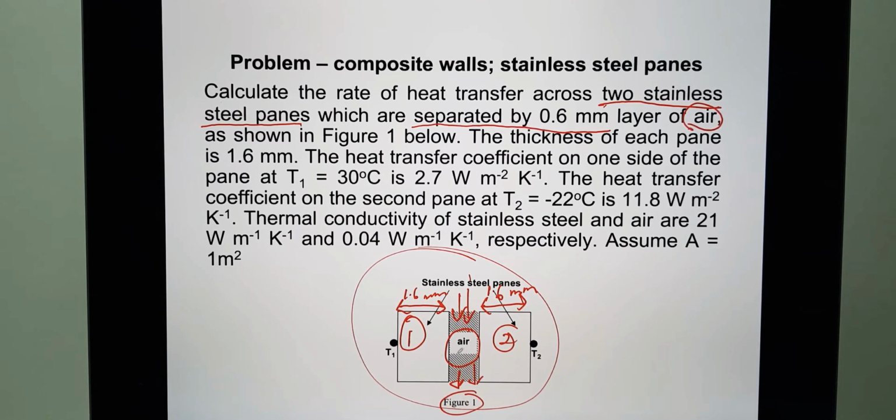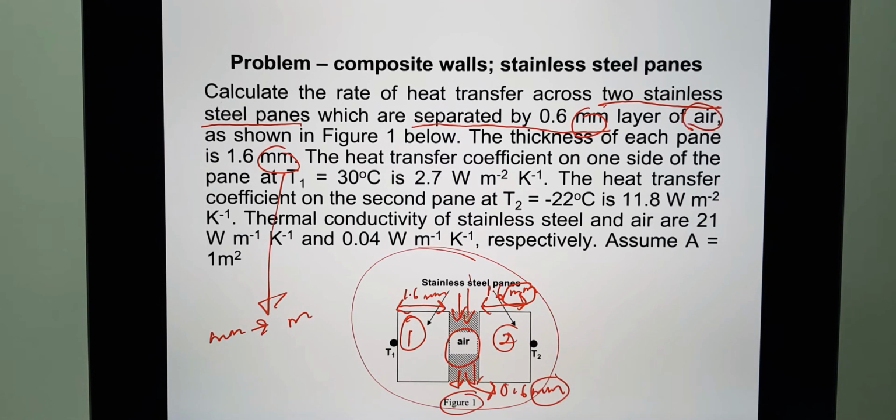Alright, whereby the thickness for the air, this one is 0.6 millimeter. Okay, can you see that the unit is given in millimeter? So what you need to do for this particular unit is convert from millimeter to meter. Okay, heat transfer coefficient on one side of the pane, when we have air.